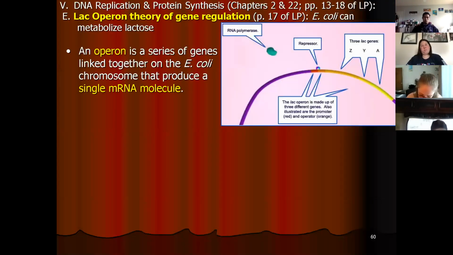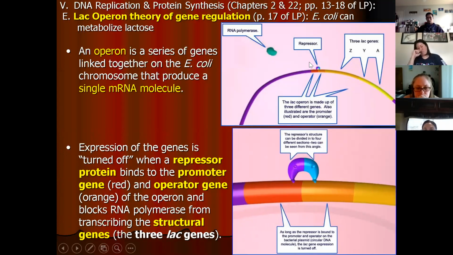All right, so normally the operator gene has a repressor molecule stuck on the DNA that blocks RNA polymerase. So here's the repressor, it's on the operator gene. RNA polymerase can't come in here to make messenger RNA. It's blocked, okay?